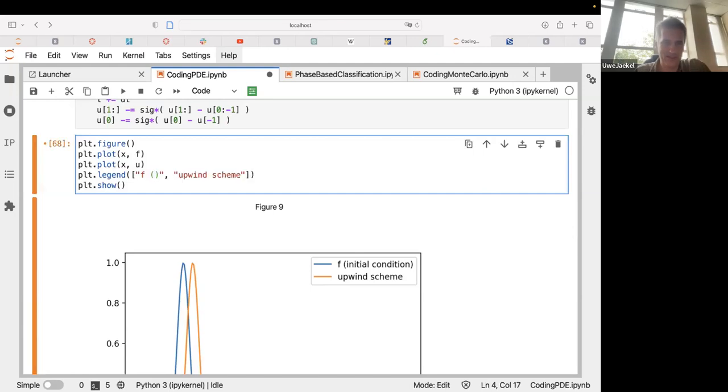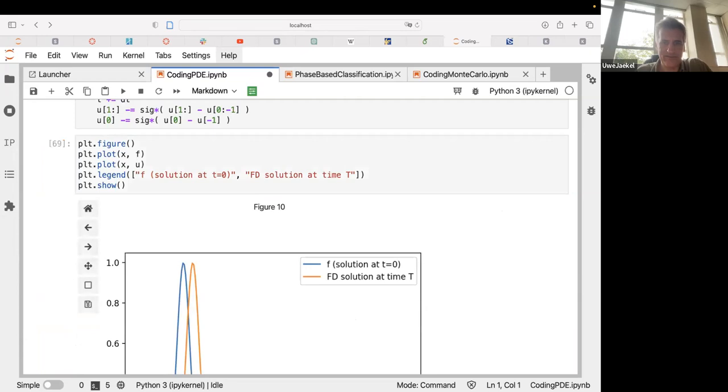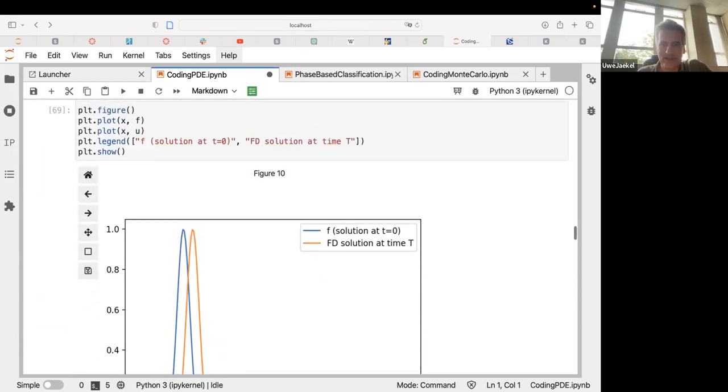This is the numerical solution, the finite difference solution at time t.